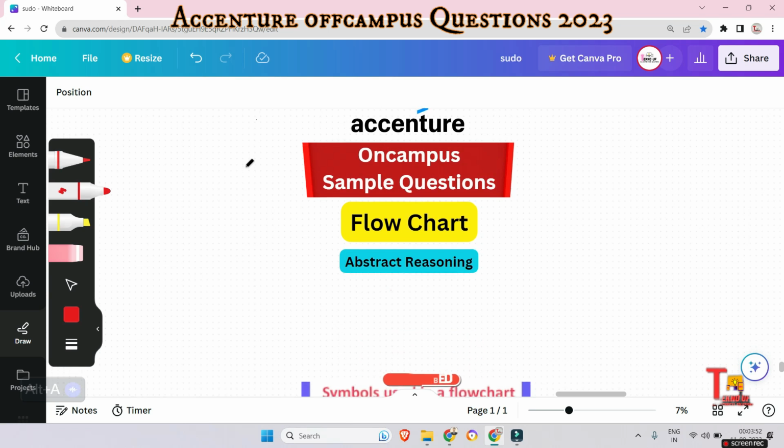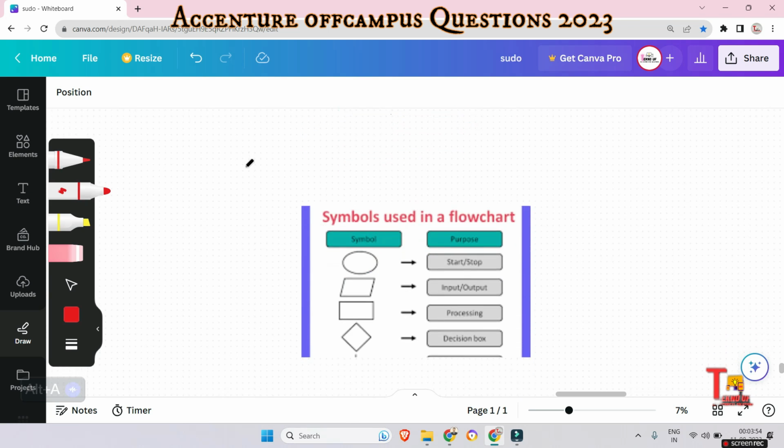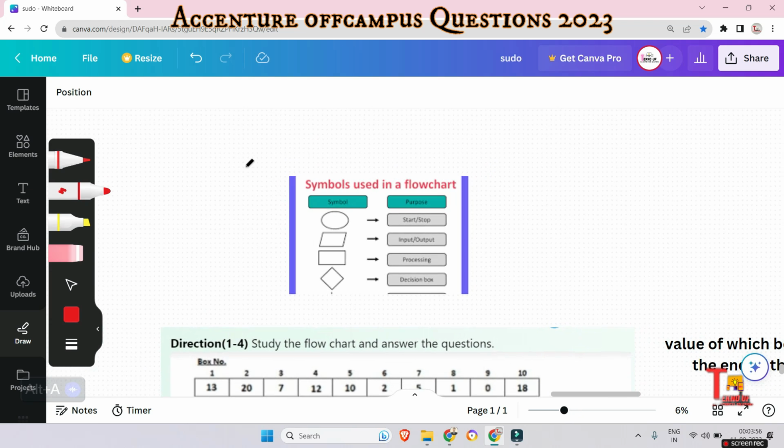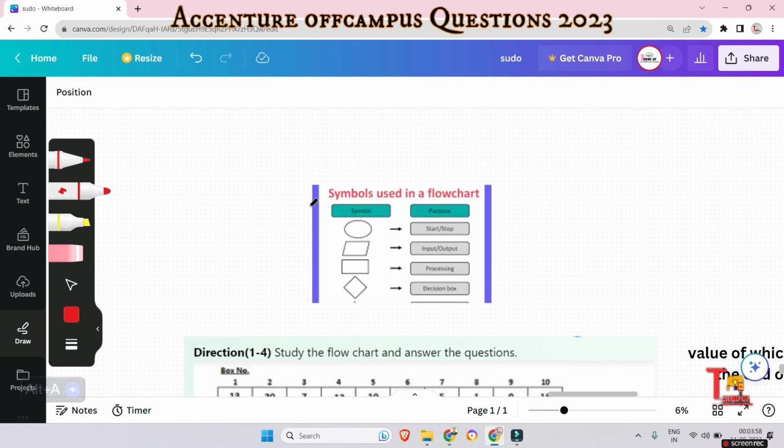Okay, let's start. But before starting the question, I will just give a view on the flowchart symbols. The oval symbol is used to start or begin a process of a flowchart, right? And the parallelogram is used for taking input or output.